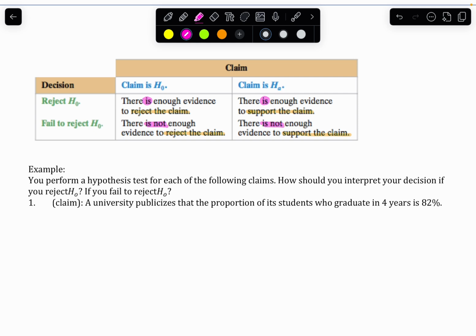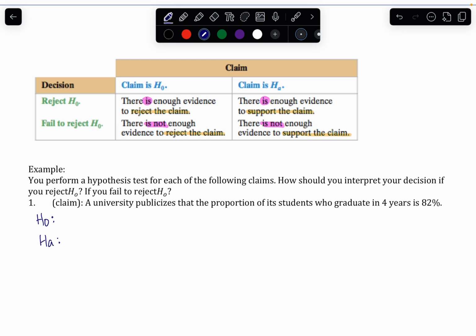Okay. So let's say you perform a hypothesis test for each of the following claims. How should you interpret your decision if you reject the null hypothesis or if you fail to reject the null hypothesis? We're going to start off by just writing out our hypotheses. Our claim is that a university publicizes that the proportion of its students who graduate in 4 years is 82%. So we have our hypotheses, our null and our alternative.